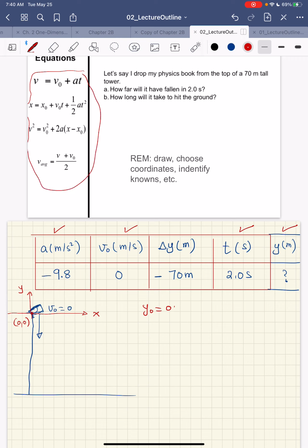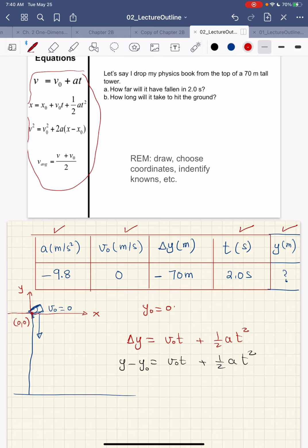I need to have the displacement. I need to have the initial velocity. I need to have time. And here I will say, okay, that is my equation that I will use: y minus y0 equals v0t plus 1/2 at squared.